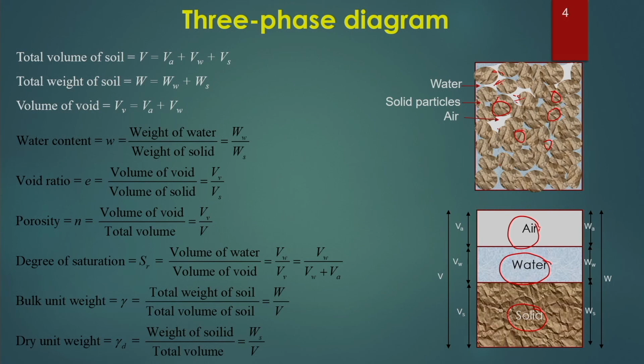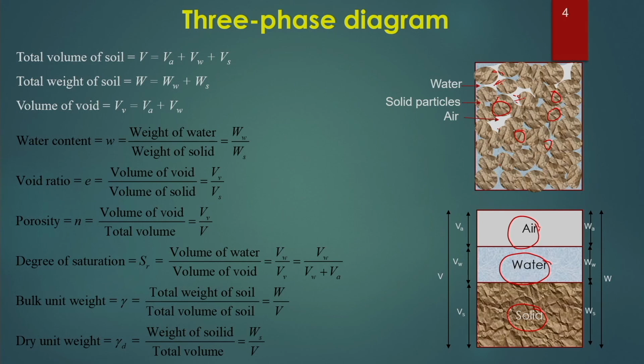Similarly, if the soil is dry, the water will be replaced by air and the soil will be made of two things, air and solid particles. Again it will be a two phase system. So, if the soil is fully dry or fully saturated, it will be a two phase system, and if the soil is partially saturated, in that case it will be a three phase system.